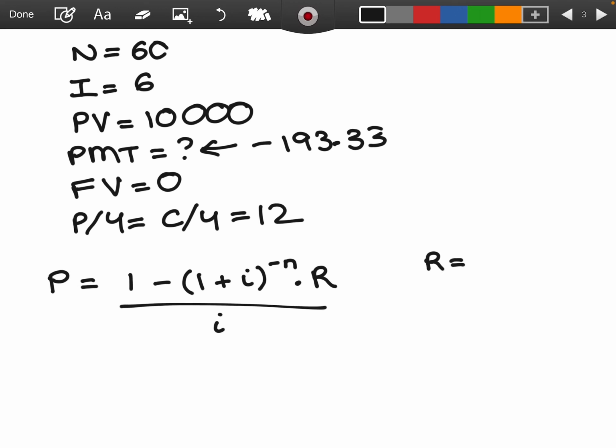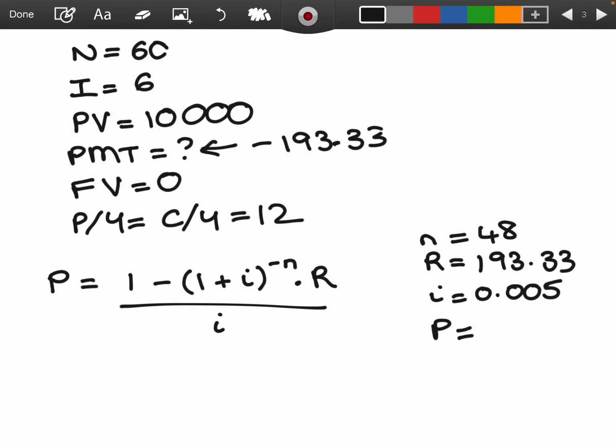This time we know R is $193.33. We know that i is 0.005. And now I want to find what my principal value left is when n, the number of payments left to make, is 48, because I'm looking at what happens after 1 year. So I have 48 payments left to make.